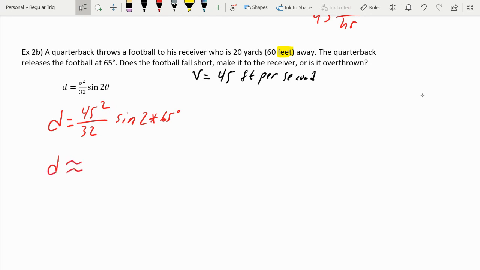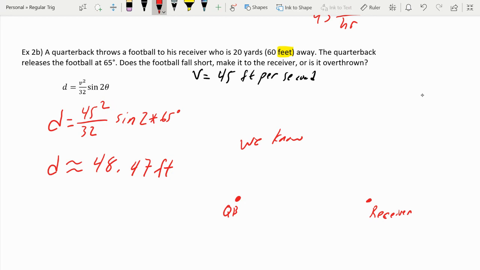I already showed you how to type that in. So the distance is 48.47 feet. That's how far this ball goes. If this quarterback throws the ball at 45 feet per second at 65 degrees, the ball goes 48.47 feet. Here's the quarterback.